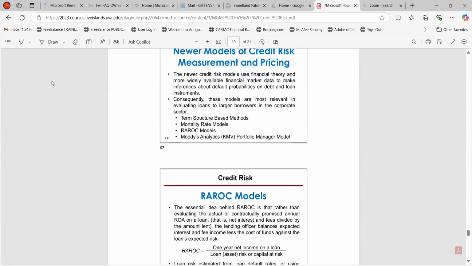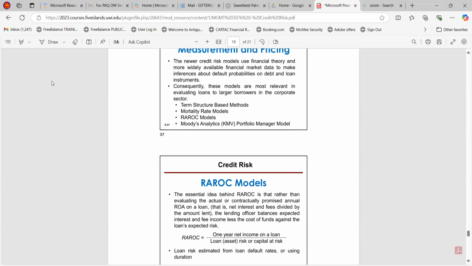So the ROC model, you're looking at the annual return on a loan, the one year net income on a loan versus the loan asset risk or capital at risk. So that's the RAROC type model that is used. The loan risk is estimated from loan default rates or using duration.